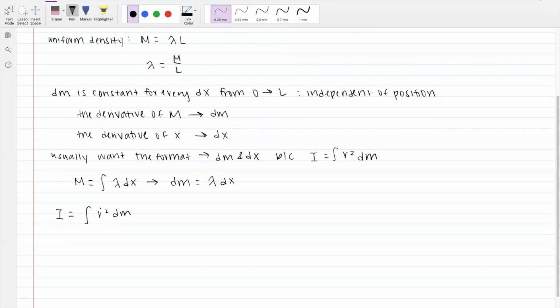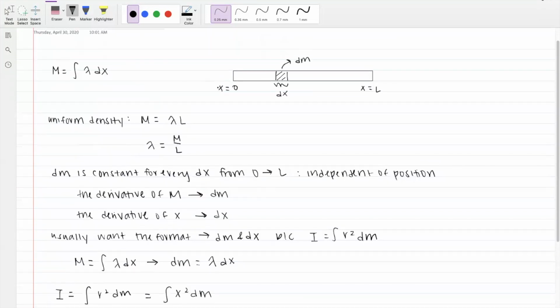Now, r could be length or radius, and sometimes you see in questions where they don't use the character r, but instead the character x. It does not matter how you define this. This is the same thing as saying that r is equal to x.